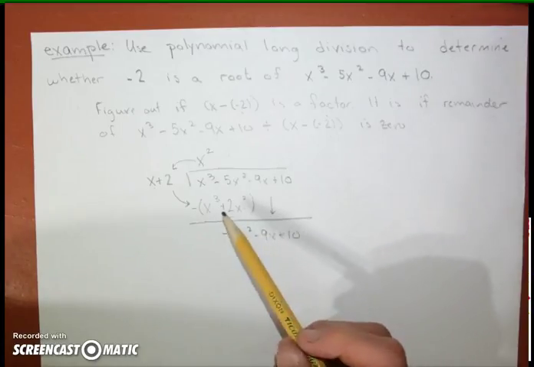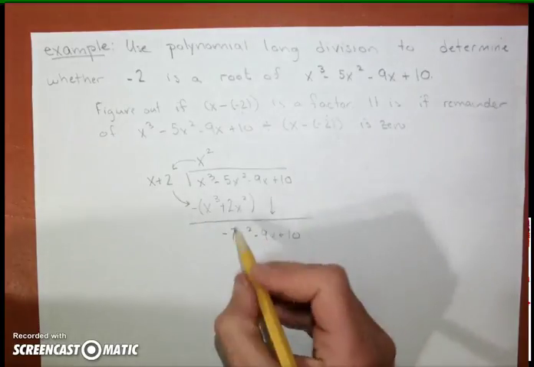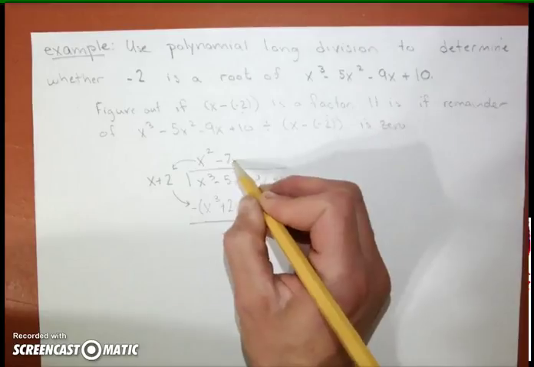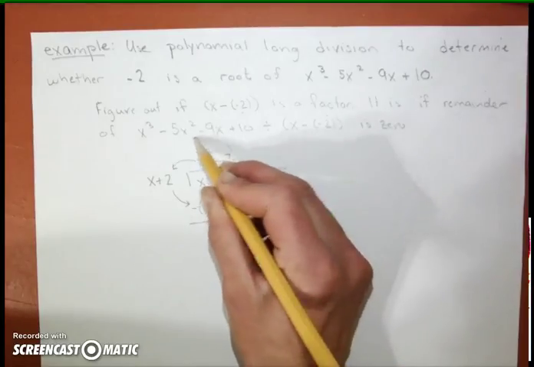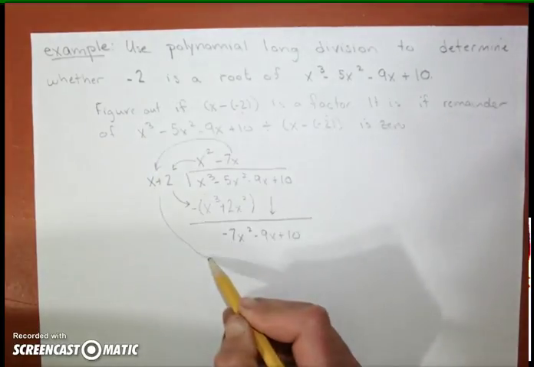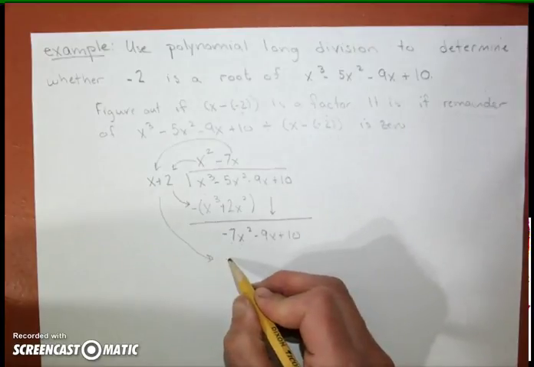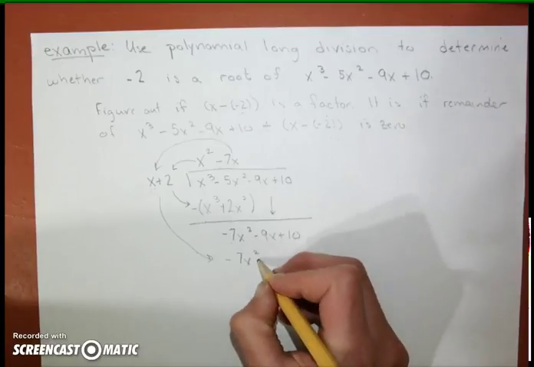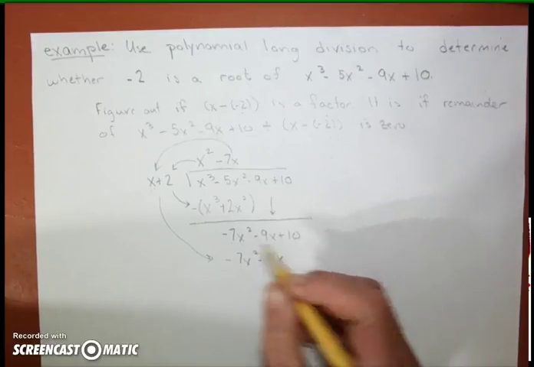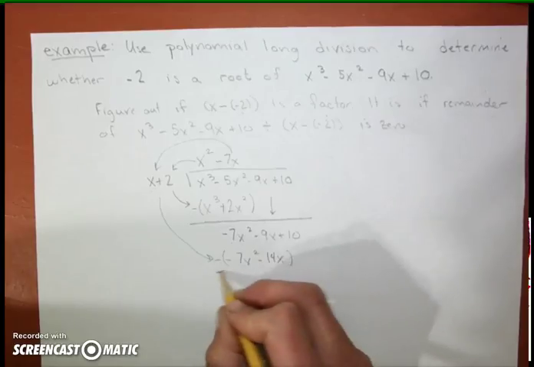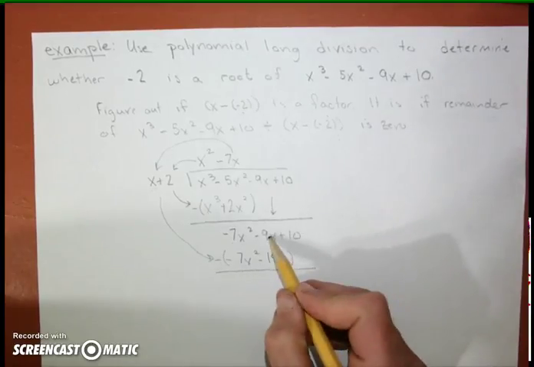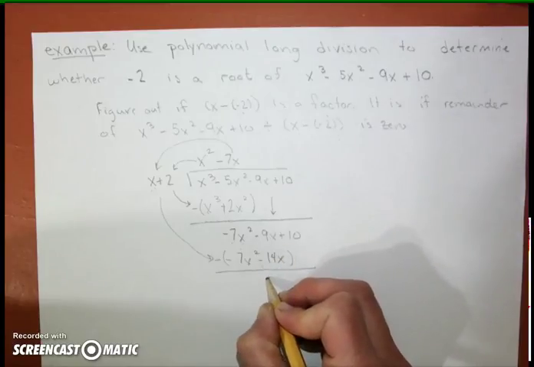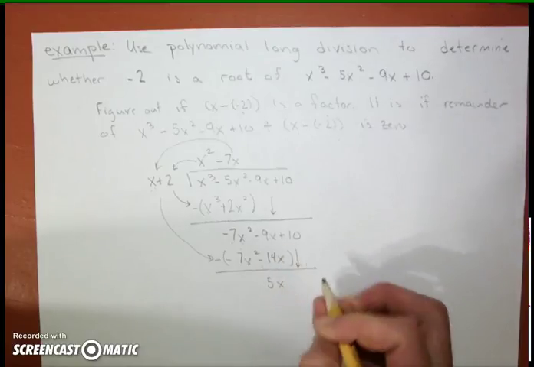And I repeat the process. How many times does x go into negative 7x squared? That's minus 7x. I take this, I multiply it by that, and I put the result underneath. I'll get minus 7x squared minus 14x, and subtract the result. Minus 9x minus negative 14x is 5x, and bring down the 10.